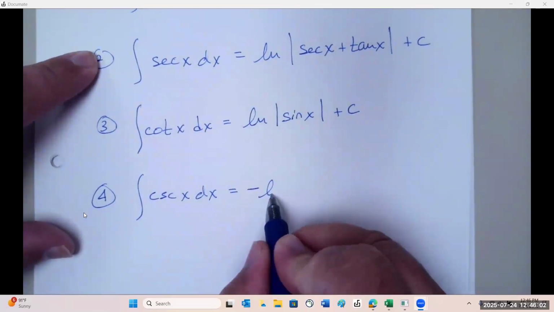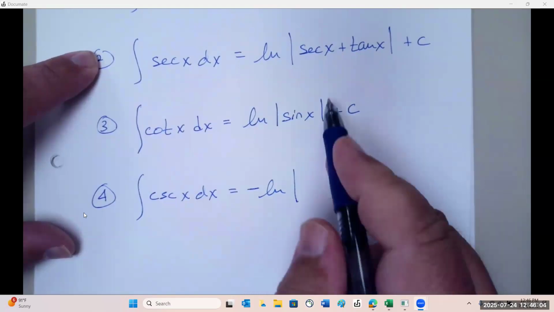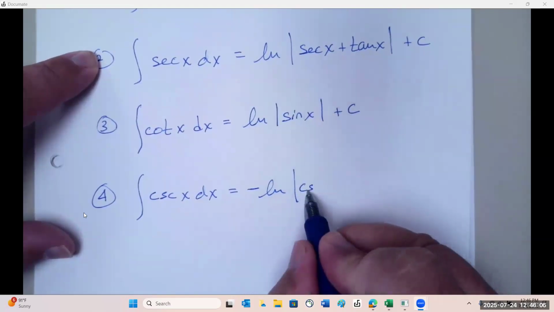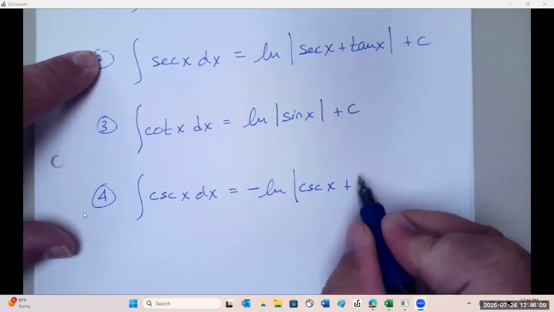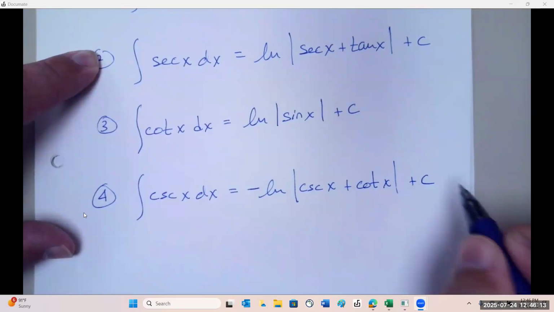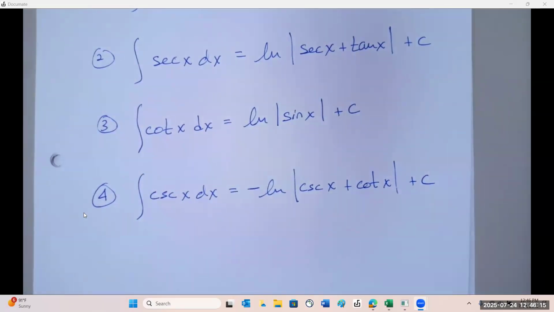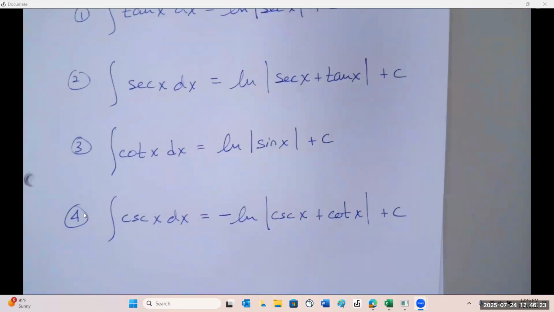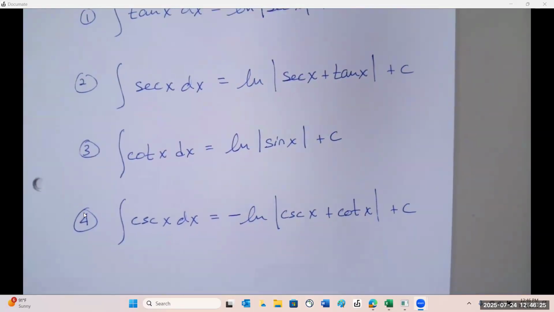So it's negative. Instead of secant, it's cosecant. Instead of tangent, it's cotangent. So these are just the ones that make it much easier for us in the future.